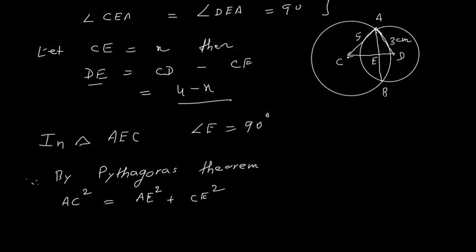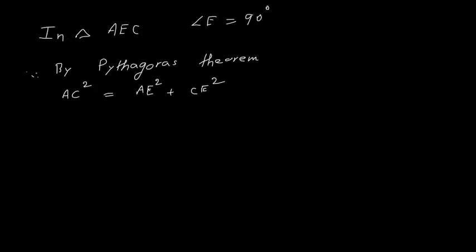From this I get the value of AE square. Therefore AE square is equal to AC square minus CE square, which is equal to 5 square minus X square. Let us consider this as equation number 2.